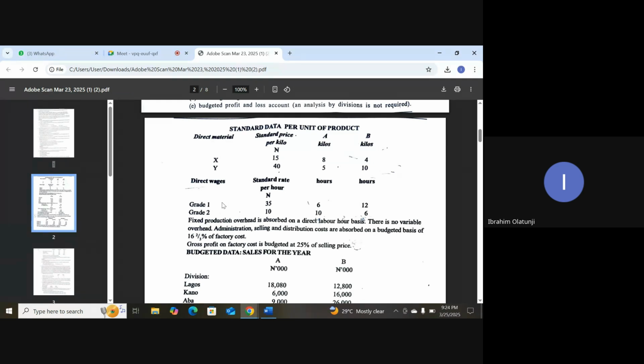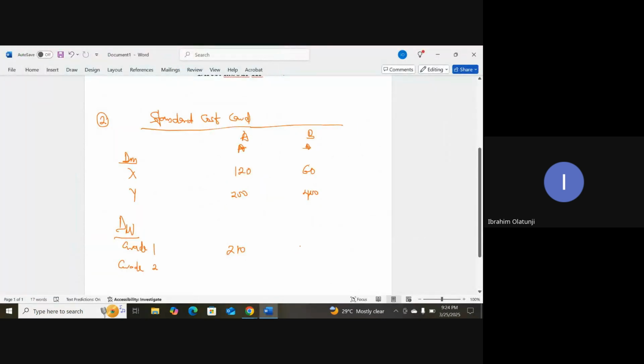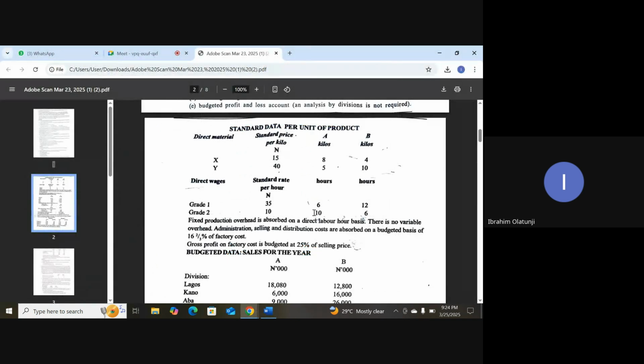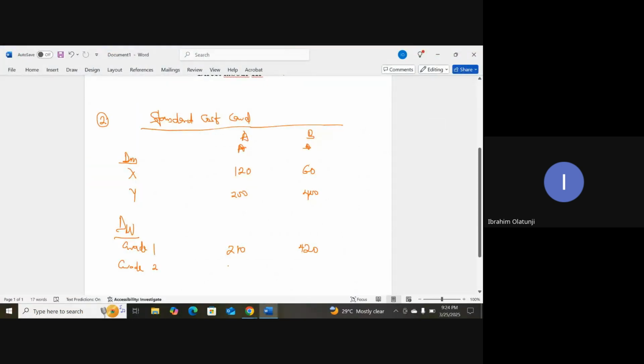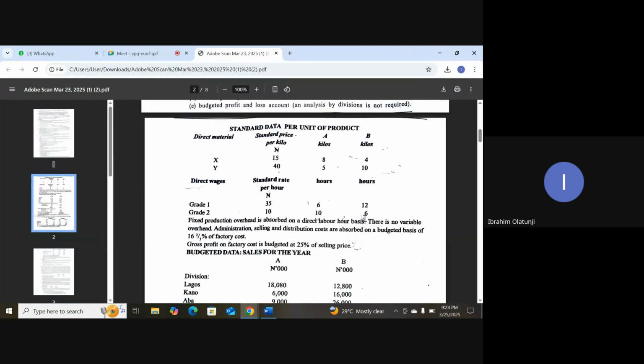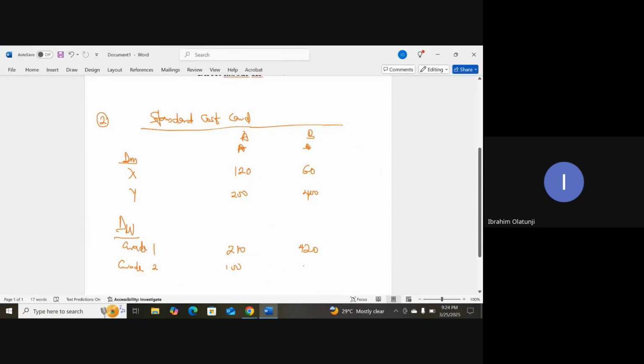That should be, if I'm not mistaken, 420. Then grade 2, 10 hours at 10 naira. So 10 times 10 is 100. So for B, 6 hours at 10 naira. So 10 times 6 is 60.